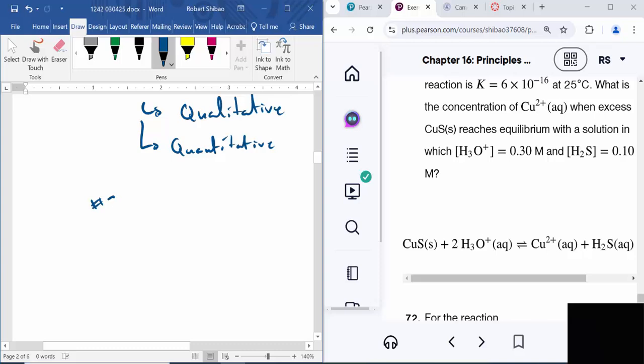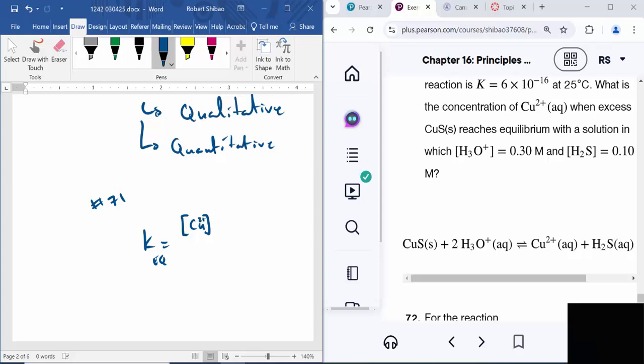So K is equal to, okay, we're going to get Keq. Keq represents things in terms of the activities, and so the activity of copper 2 plus is going to be close to its molar concentration.